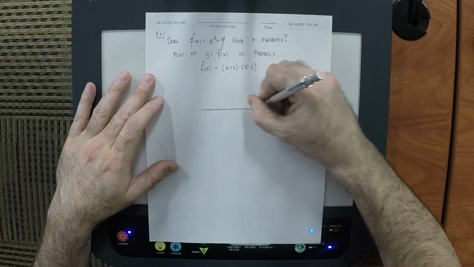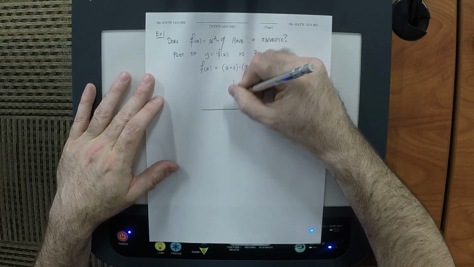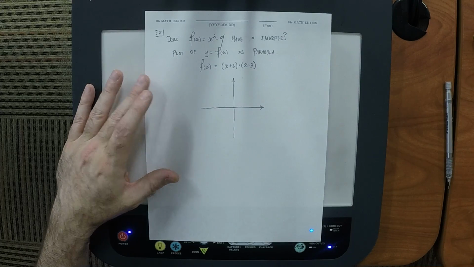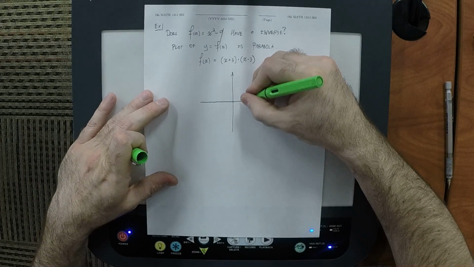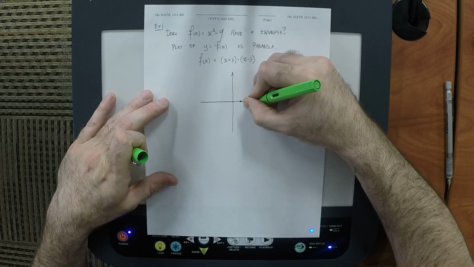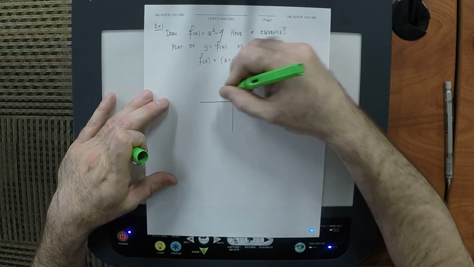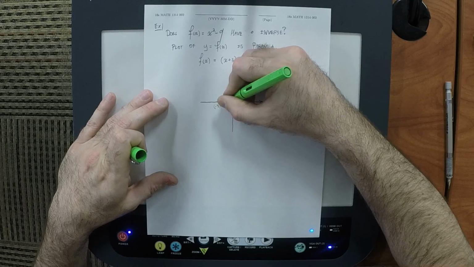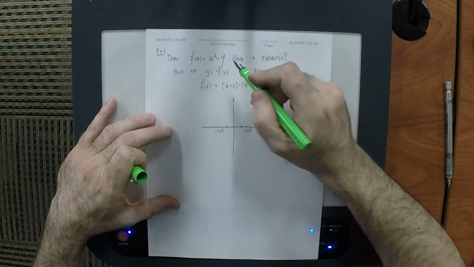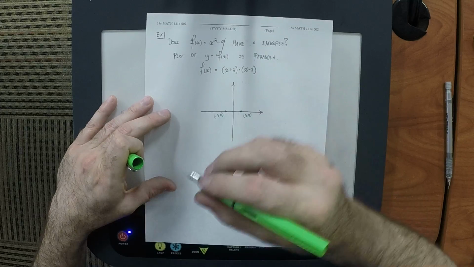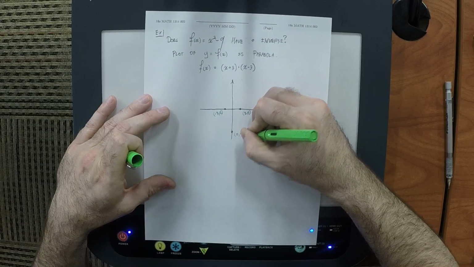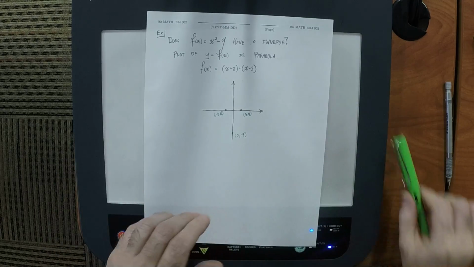So we can easily find some points on the plot. Here's some points on the plot. If you plug in 3, you get 0 as output. If you plug in -3, you get 0. And if you plug in 0, x is 0, you get -9. So you get this point down here. And that's going to be the lowest point.